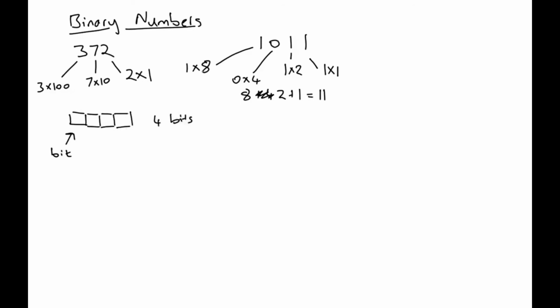And to represent this number 1011, which is 11 in decimal, we could switch each bit on or off. Each bit has 2 possible states, which we could call on or off, or we could represent it with 0 or 1. It doesn't matter really what we call it. So we could say this is on, this is off, this is on, this is on, and then we've represented the number 1011 in binary, which is 11.